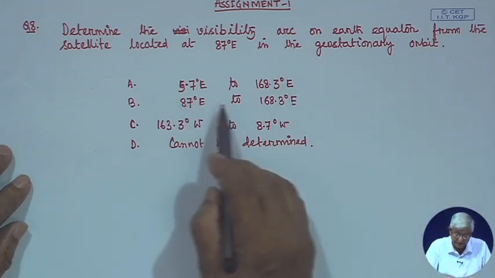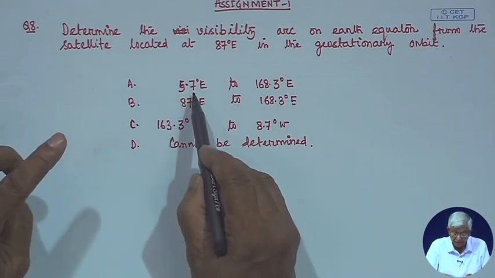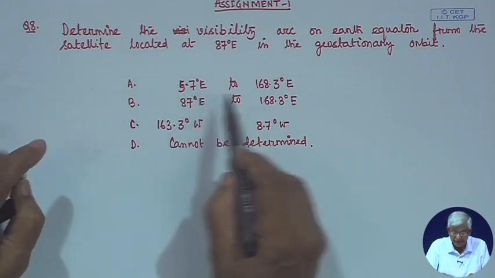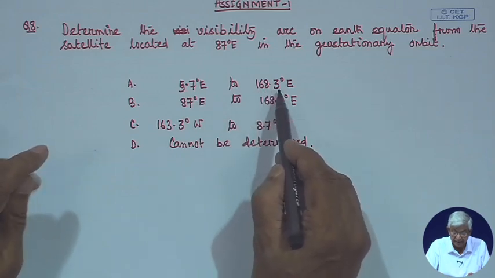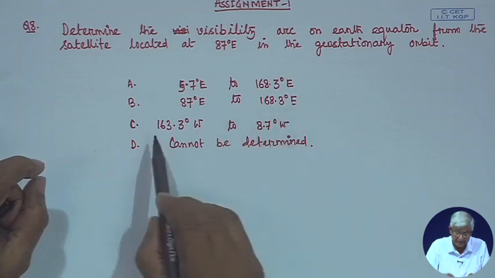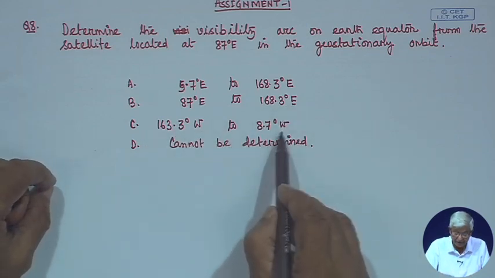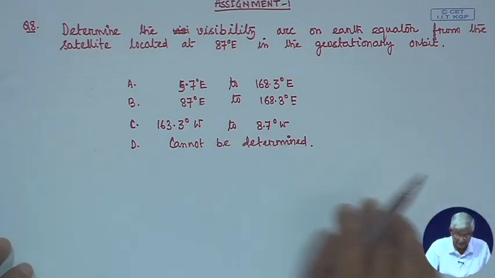And there are options given as that arc longitude is 5.7 degree east to 168.3 degree east, 87 degree east to 168.3 degree east, 163.3 west to 8.7 degree west, or it cannot be determined, something like that. It's a very simple problem.